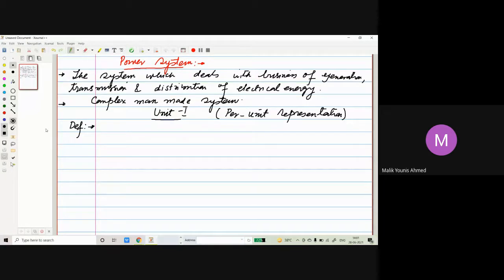The basic aim of the per unit system is to scale down and narrow down those various parameters, whether they are components or variables of the system, in such a way that there will be a uniform treatment, that means a homogeneous treatment, of the entire system.